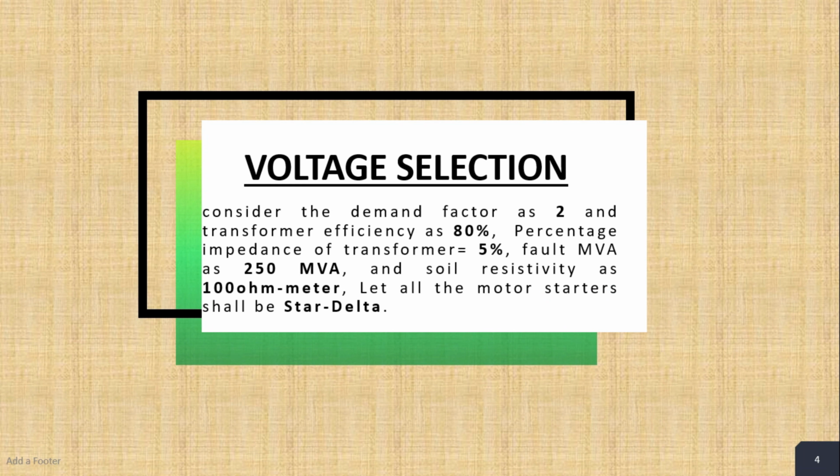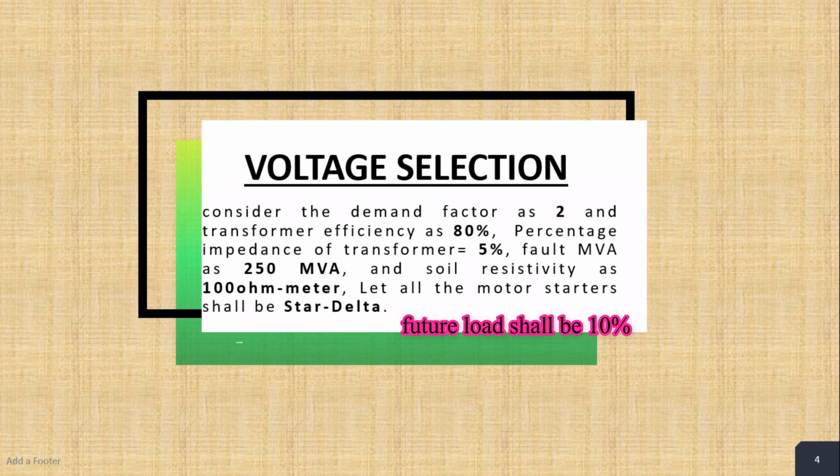In the example, we have to consider a few elements like the loads, demand factor, transformer efficiency, percentage impedance of the transformer, fault MVA, soil resistivity, and the type of starters used for the motors, etc. Here, let the given demand factor be 2, transformer efficiency shall be 80 percentage, impedance of the transformer shall be 5 percentage, and the fault MVA, let's consider it as 250 MVA, soil resistivity as 100 ohm meter.